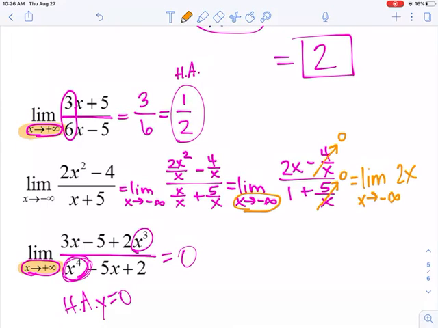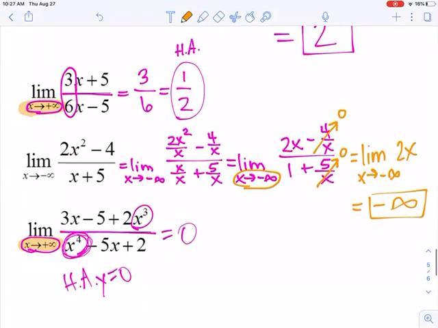Same thing with 5 over x. So what we're left with is the limit as x approaches negative infinity of 2x. That's a polynomial. 2x is a line with positive slope, so towards the left, it's going to be falling.